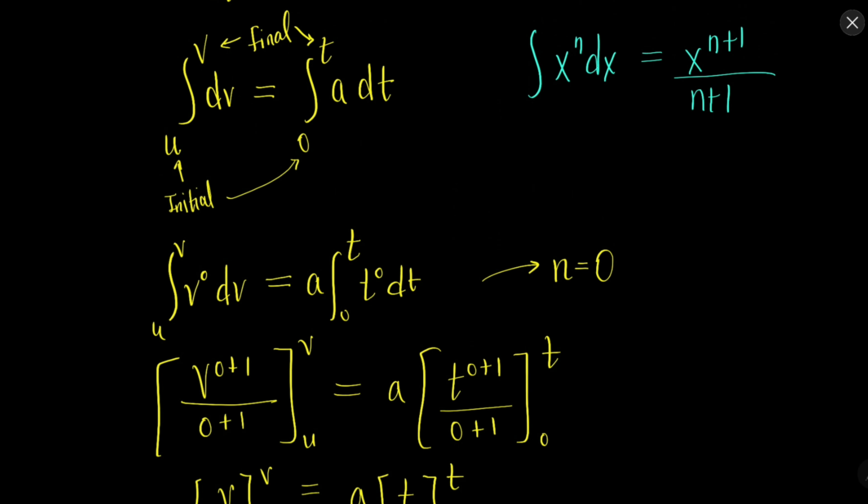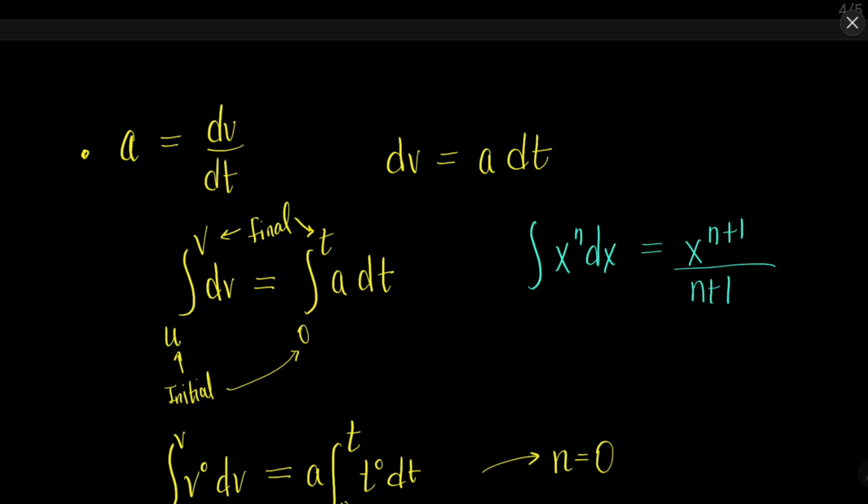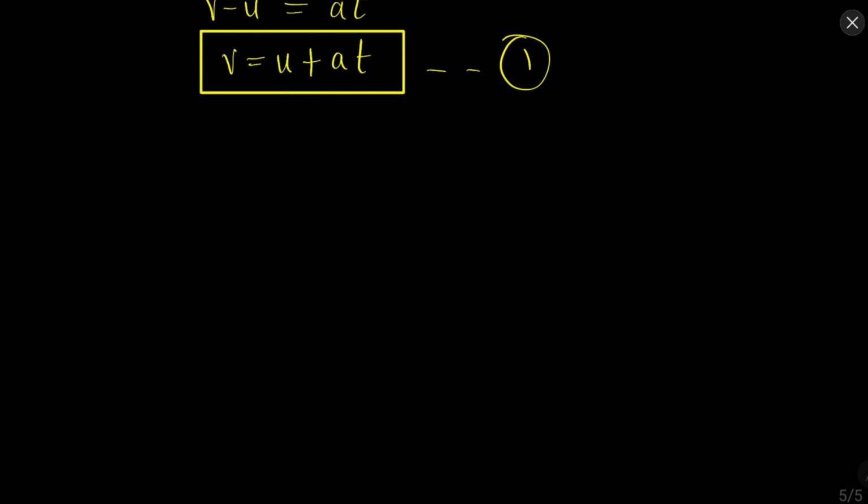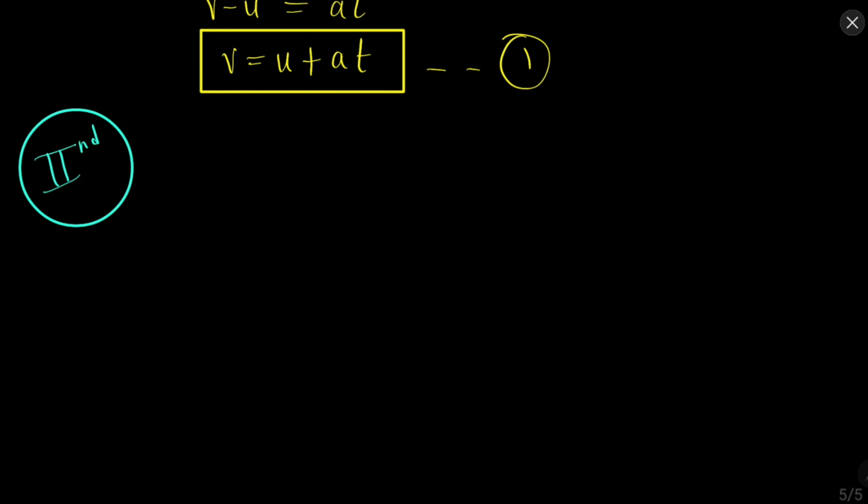Now let's try to derive the second equation. For the second equation, let's start with the formula that we have derived, v equals u plus at.